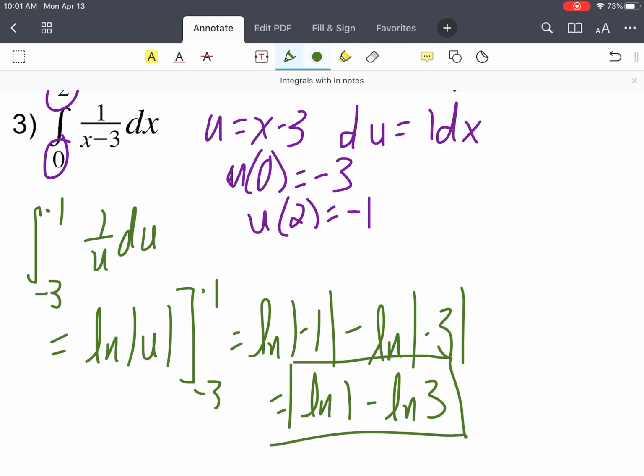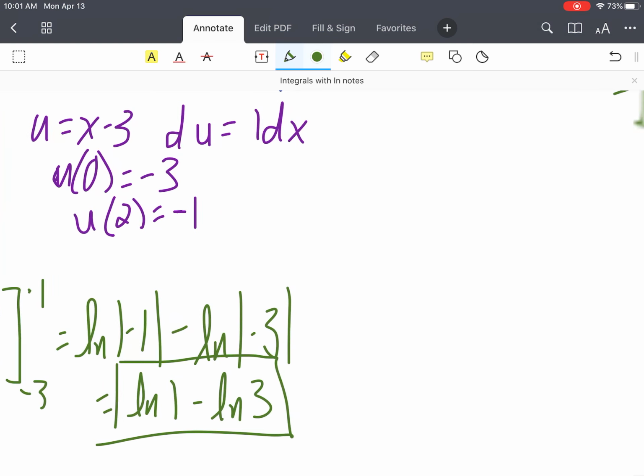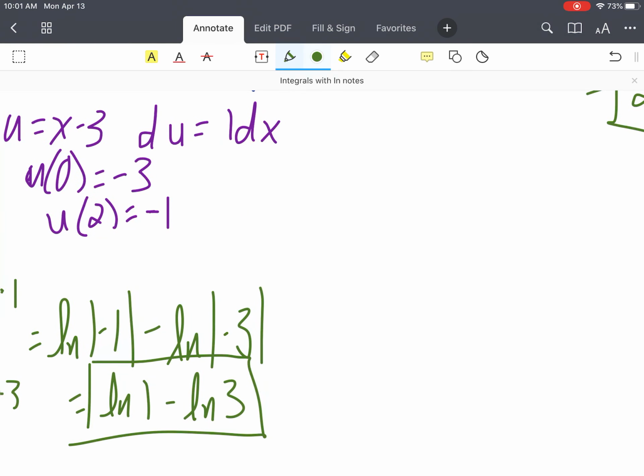So that's the natural log of 1 minus the natural log of 3, which is a perfectly fine answer. Okay? In the future, obviously not anymore in this class, but if this was on a multiple choice, like if you take calculus in college, I can almost guarantee you the answer would be the ln of 1 divided by 3. Okay? But those two things are equal. Remember, properties of logarithms say if I'm subtracting two things, I can put them on the inside of a single logarithm with division.